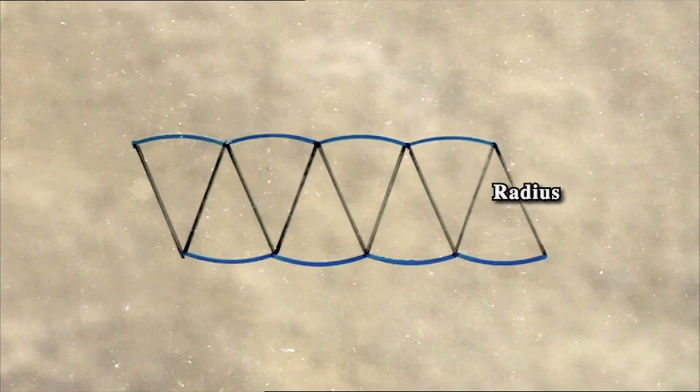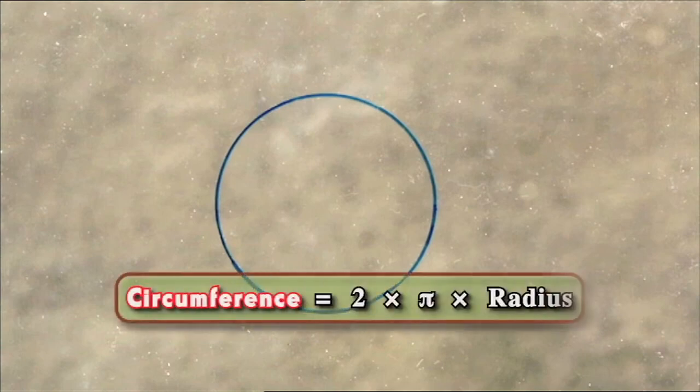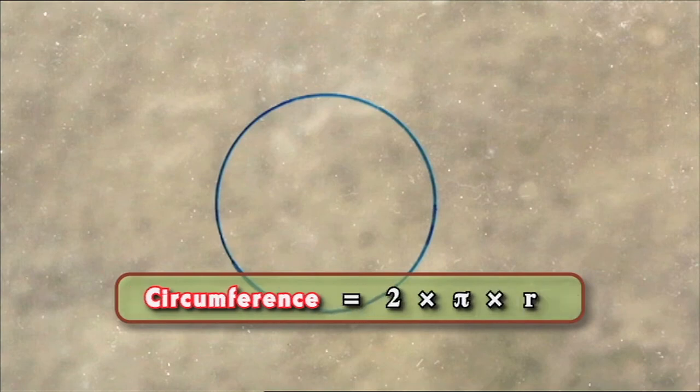If the 2 sets of arcs are combined together, the length of the 2 sets of arcs equals the circumference of the circle, and the circumference equals 2 times pi times the radius. If we take the radius as r, the circumference equals 2 times pi times r.